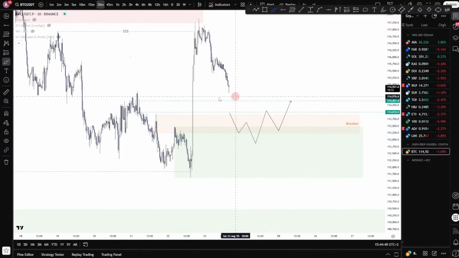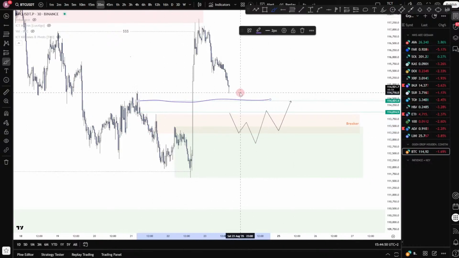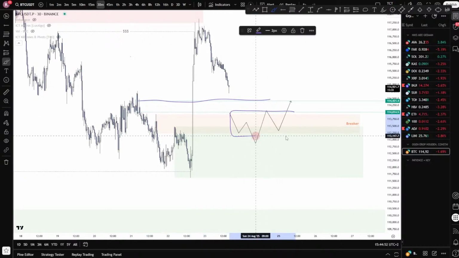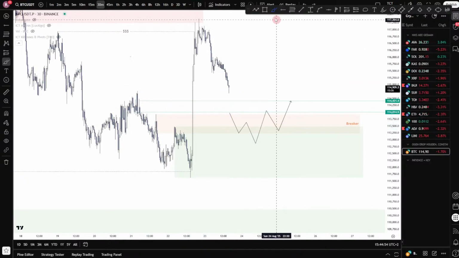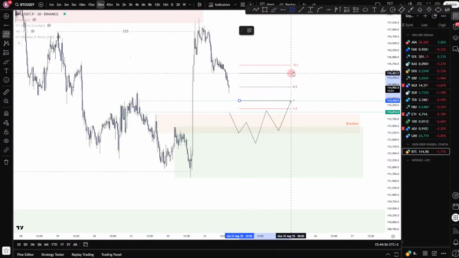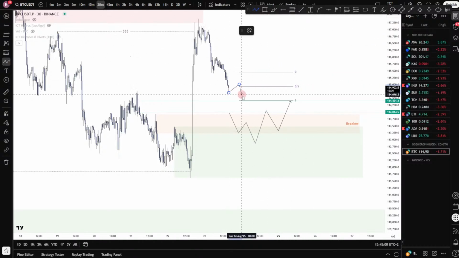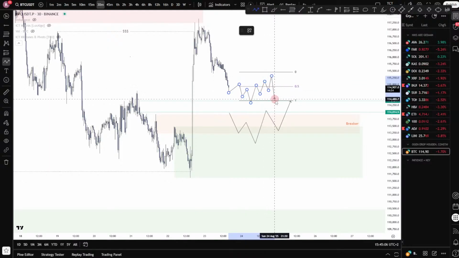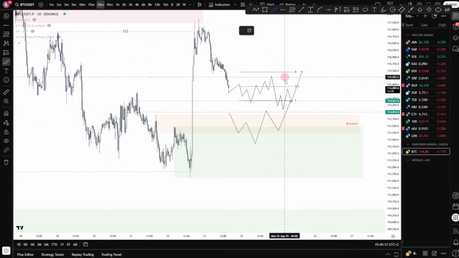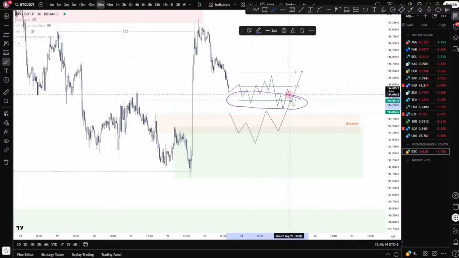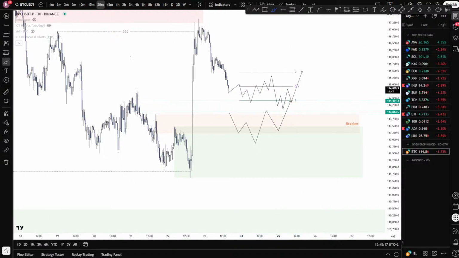That doesn't mean we cannot bounce from here, because in the scenario I've drawn, if we create some sort of price action like this, then I am still interested in longs. Something like this. What this represents for me is market maker manipulation and accumulation.